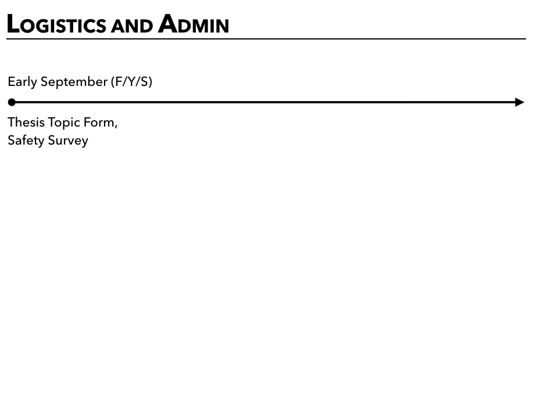So in early September, for all years, for all types of thesis, first term, year, and second term, you're going to be responsible for submitting a thesis topic form and a safety survey.